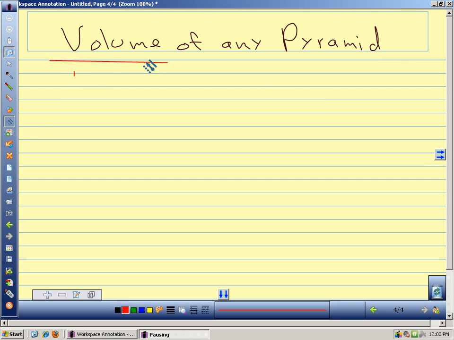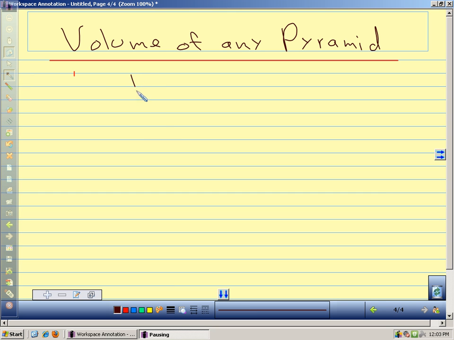So our volume formula works for any pyramid. For our volume formula, we need B, the area of the base, and H equals our height.